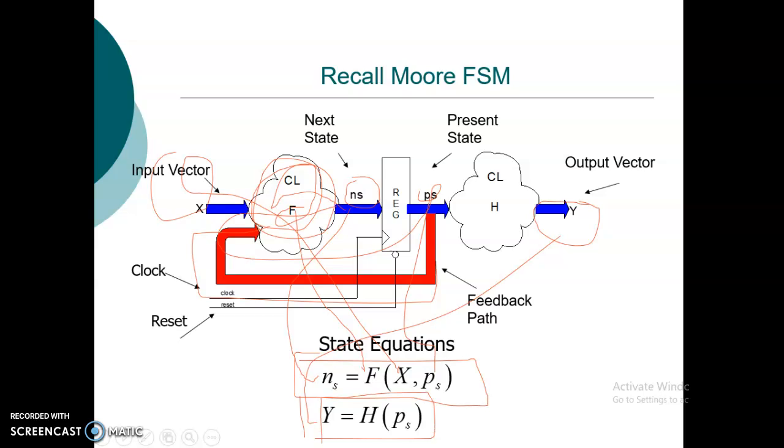PS. That is PS. Present state with this logic. PS only here coming. That PS output only here coming. So Y equal to H, H means H combinational circuit, H logic. Yes. Present state.